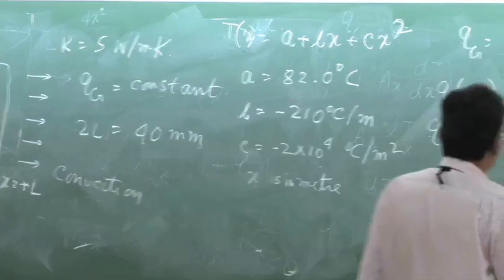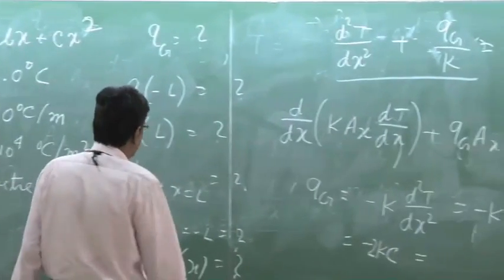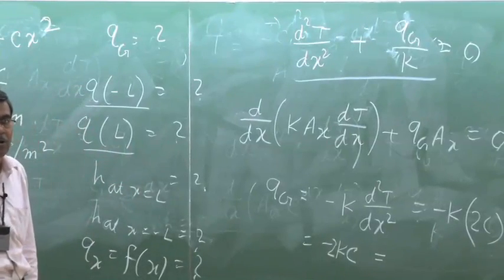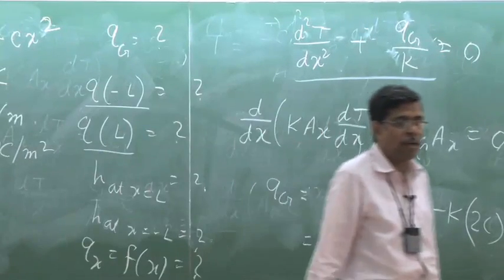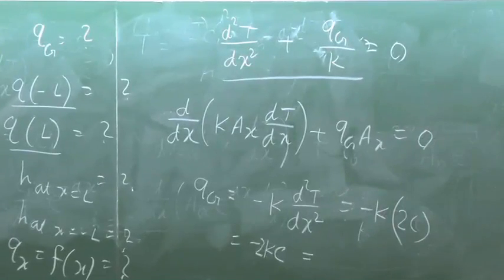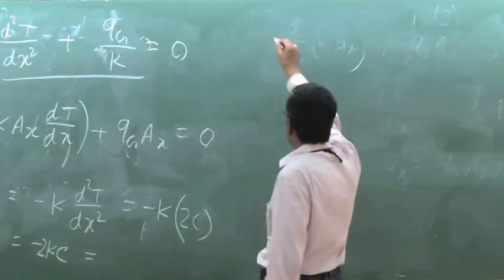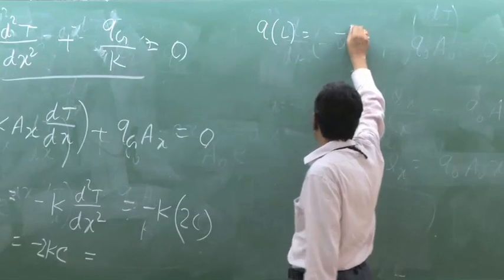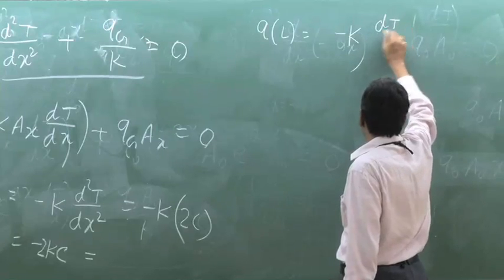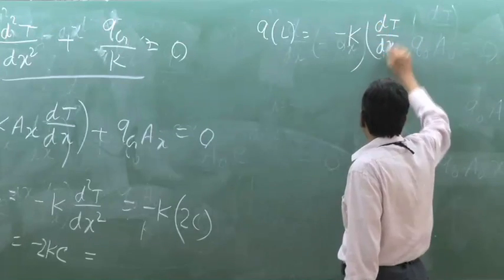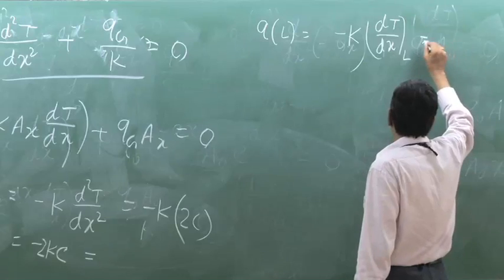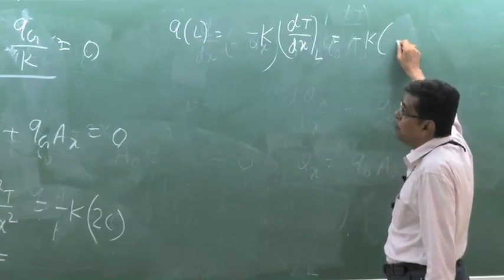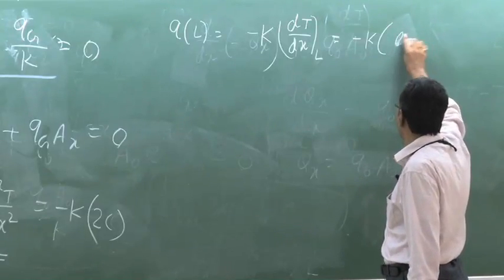Okay. Now the next part is how to find out the heat flux Q at minus L and Q at plus L. Very simple. Q at L is minus K dT/dx at L. What is dT/dx?